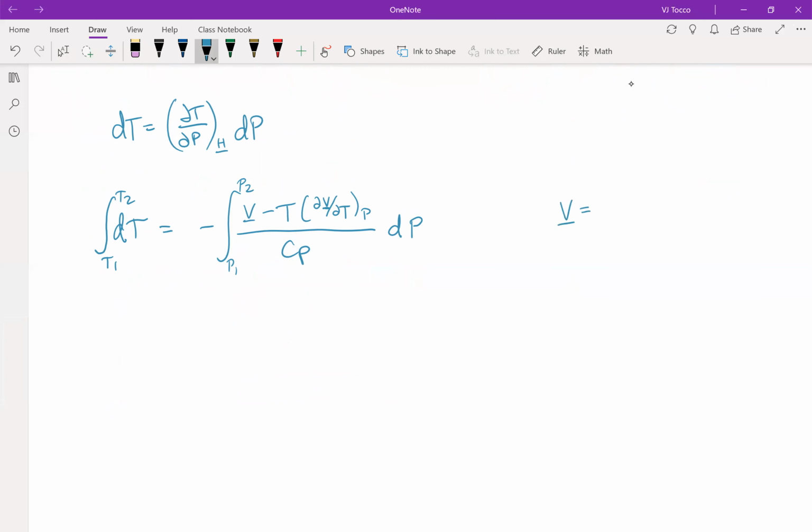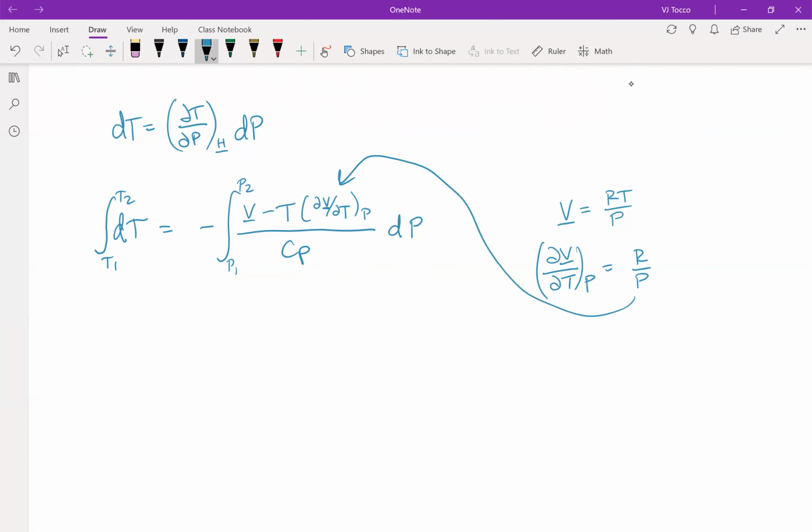So I can say that V is equal to RT over P, and the partial of V with respect to T at constant P is just R over P. You take the derivative of this expression with respect to T, assuming that P is constant. So I'm going to plug R over P into that expression.